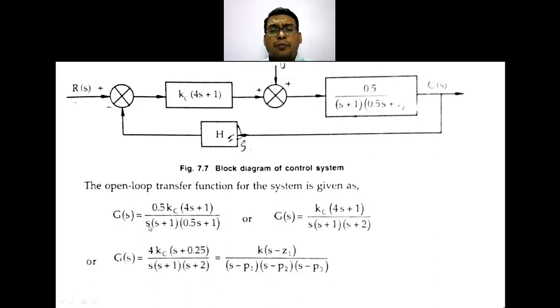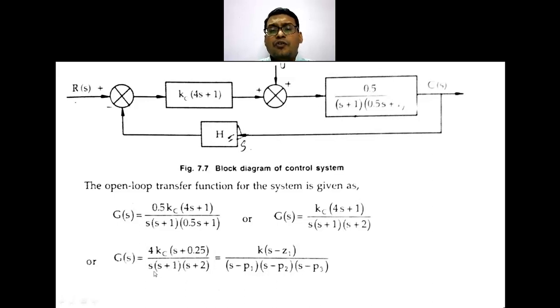This becomes 1 upon s (s plus 1)(0.5 s plus 1). I can write it in a generalized format, K into (s minus z1) upon (s minus p1)(s minus p2)(s minus p3). So I will have only one zero, with the value of minus 0.21.